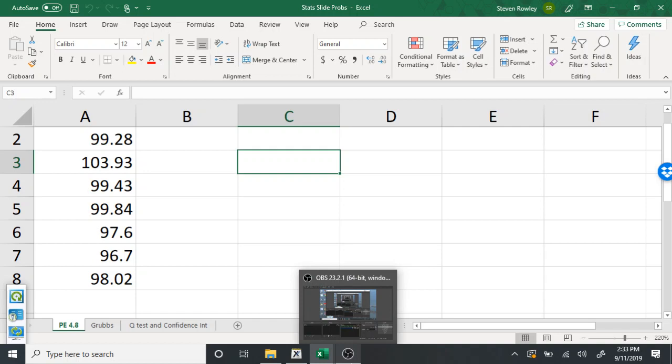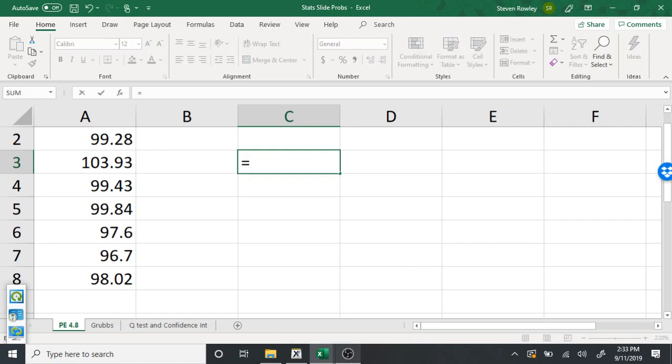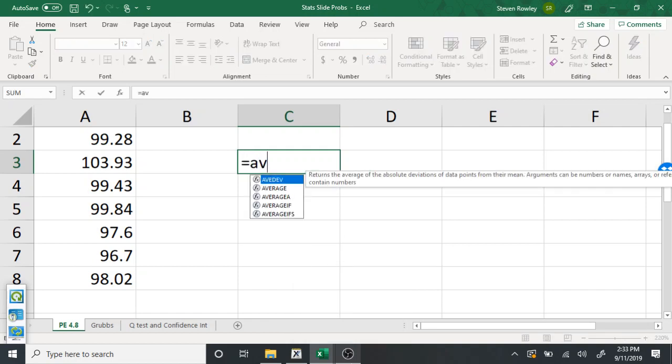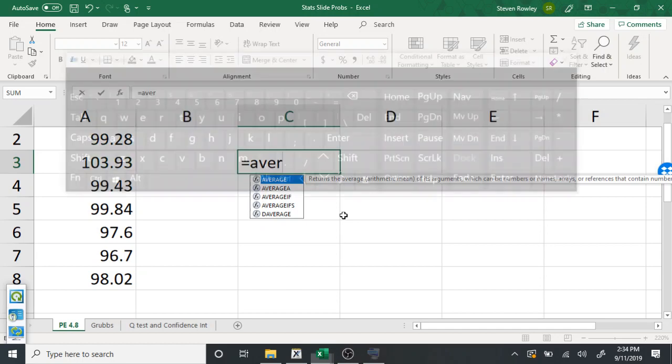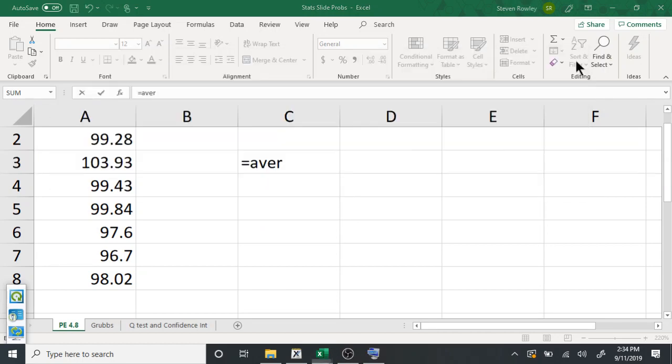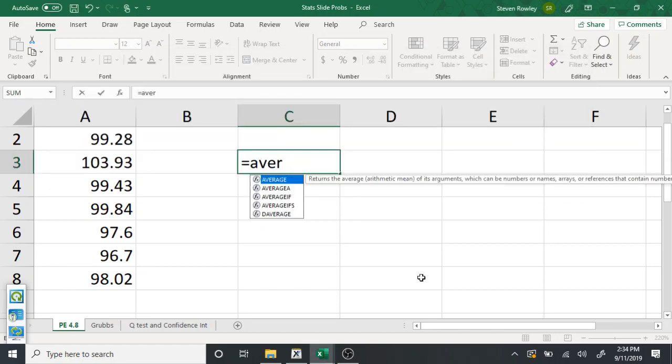Yes. So we can go into Excel. And we can take equals average. And usually when you start to type this, Excel will pick up the particular function that you want. Anyway, I can just type it all the way out.